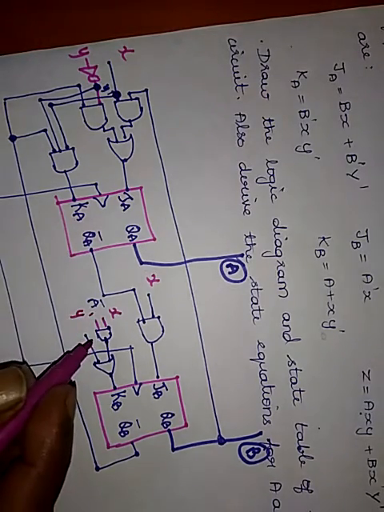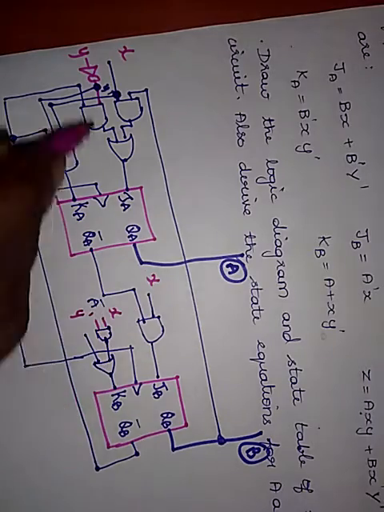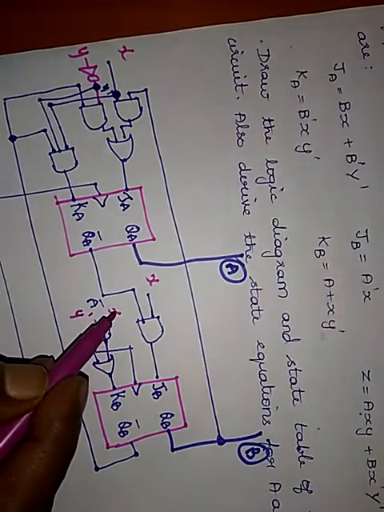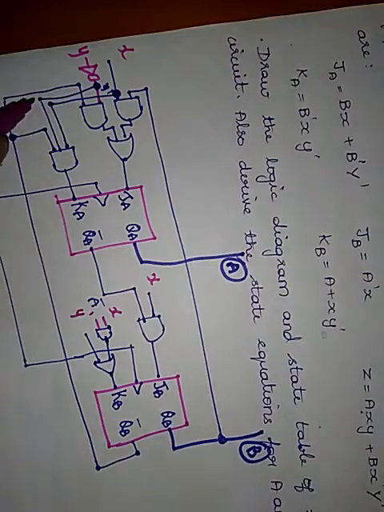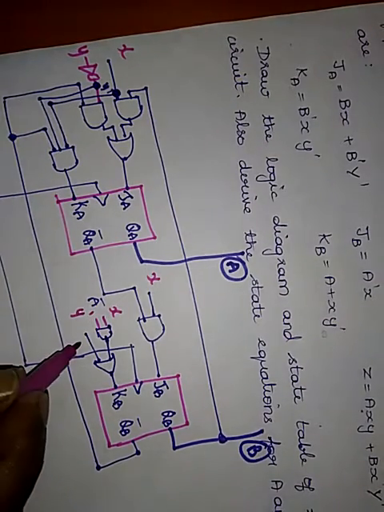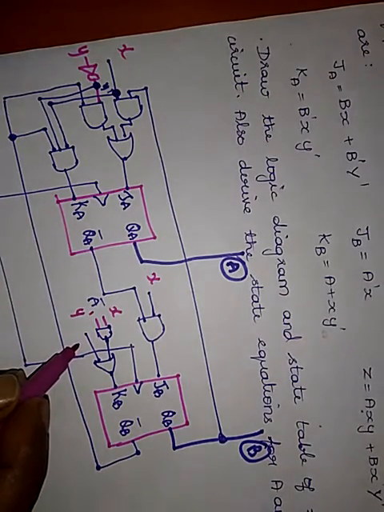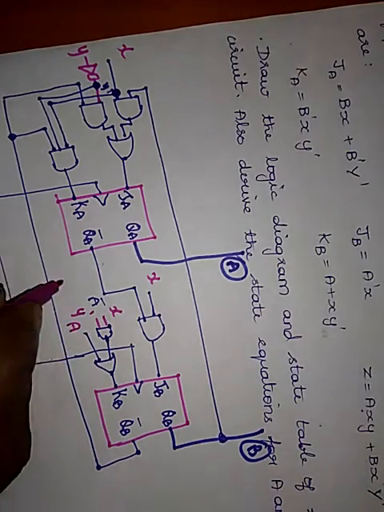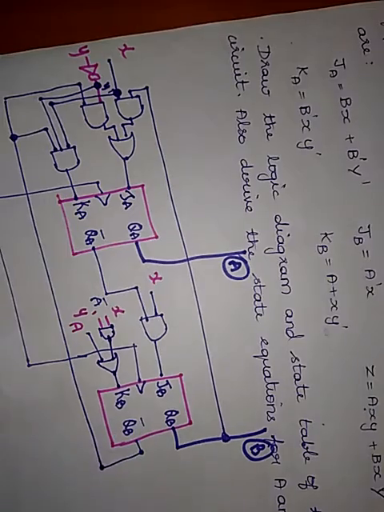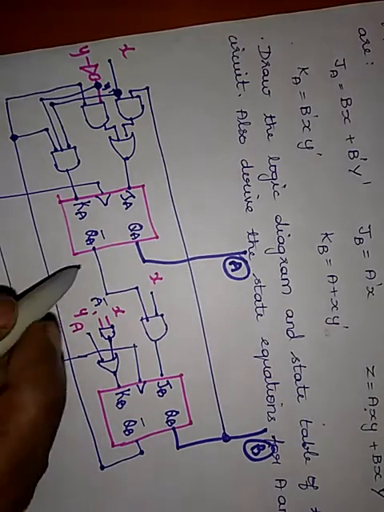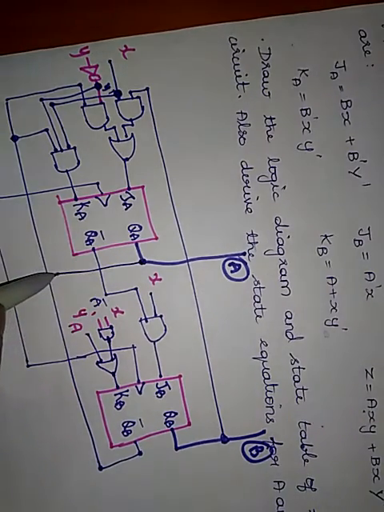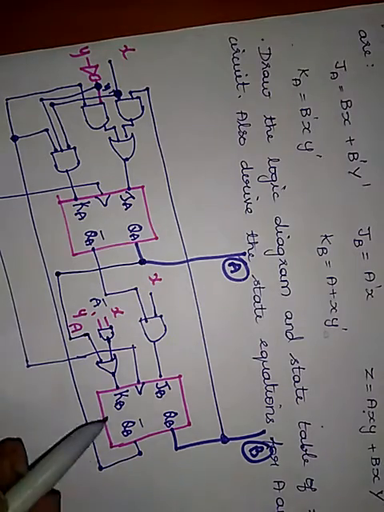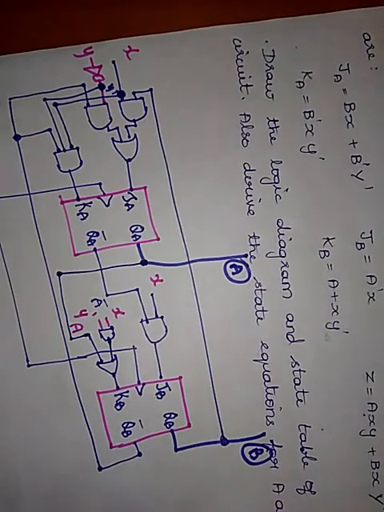So you all must remember that this X and this are all connected together. It's a single point. Y dash is from here. And the other input is A. So A means from here you can connect like this. Now you will get KB.